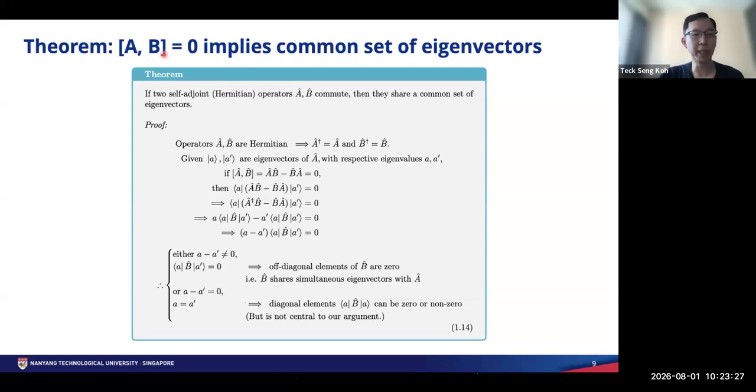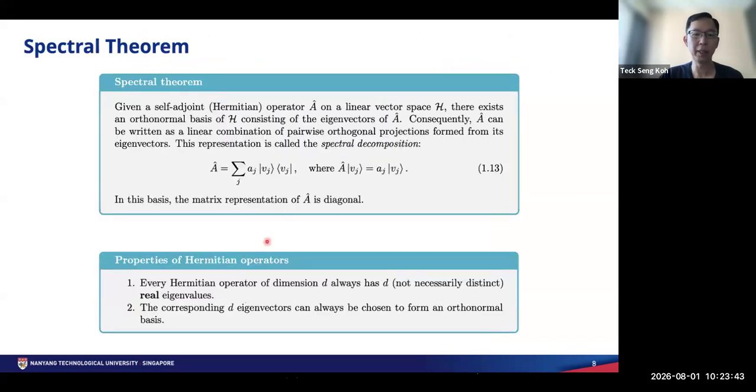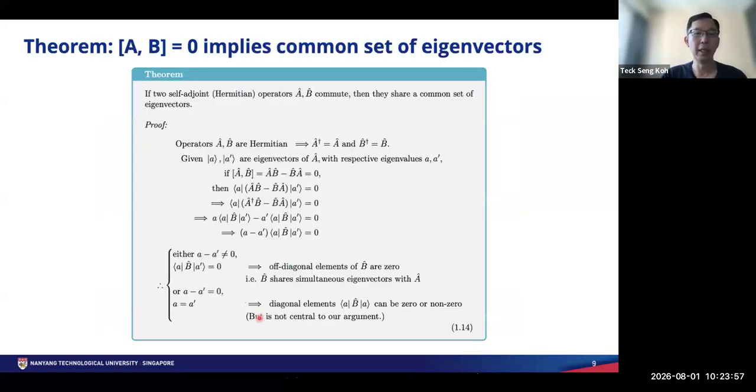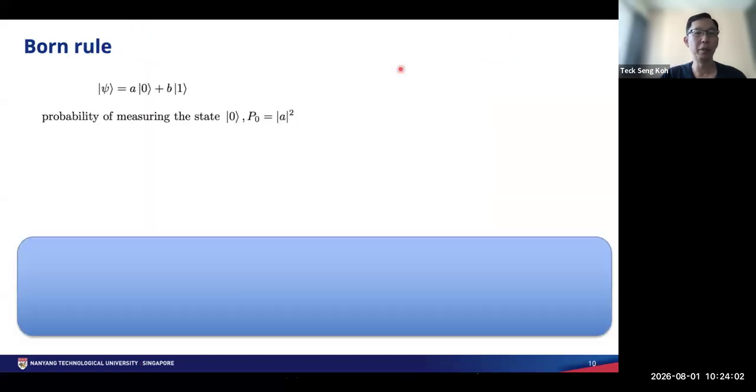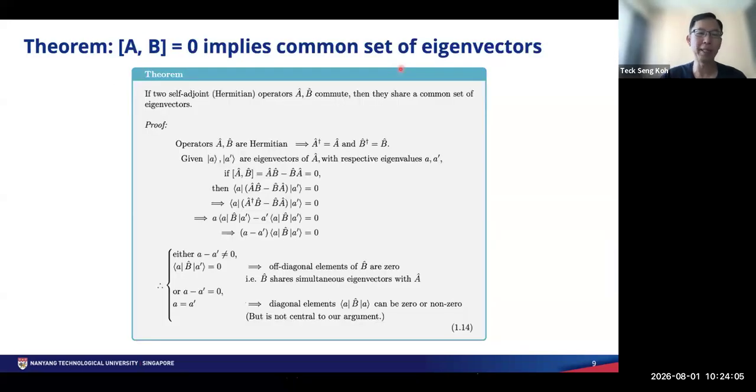If AB minus BA is 0, that means the order doesn't matter, and we call this commuting. If A and B commute, then there is a common set of eigenvectors. That ties in with the spectral theorem before, because these VJs are eigenvectors, and they can always be chosen to form an orthonormal basis. So keep those two things in mind.